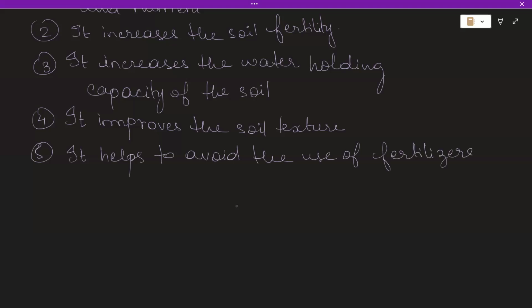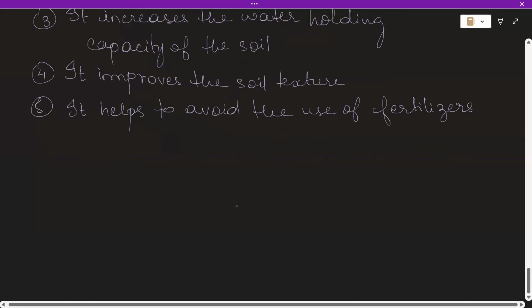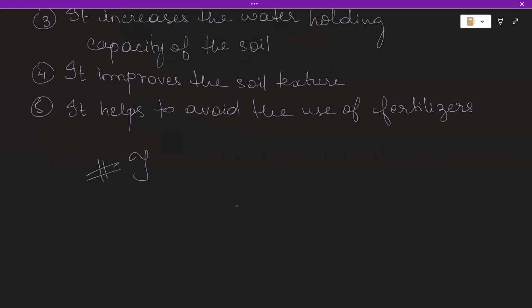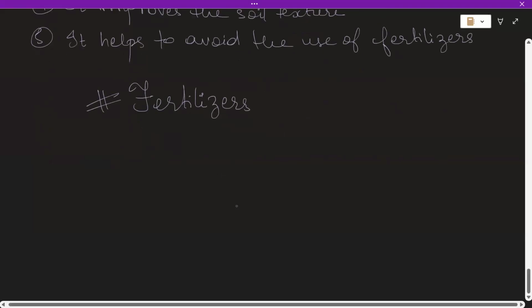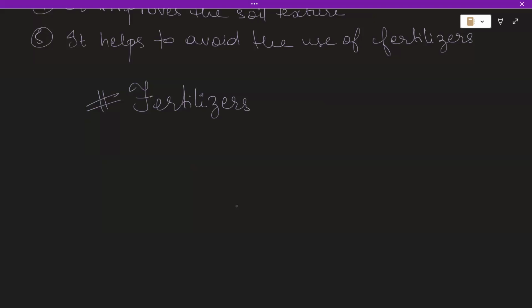Okay. Now, since we have discussed fertilizers, we must understand what they are. Fertilizers are chemicals that are used to enrich the quality of the soil. They are chemicals commercially produced in the factories and used as plant nutrients.